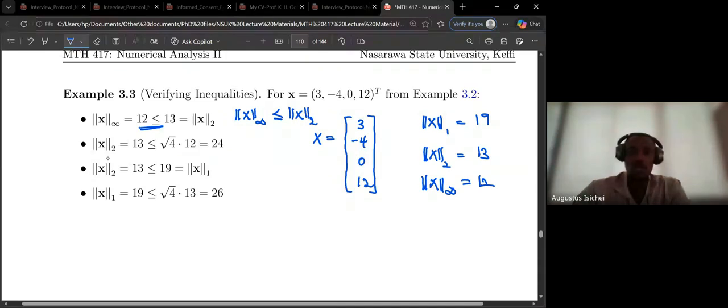The second one, starting with the Euclidean norm, which equals 13 by calculation. The Euclidean norm, 13, has to be less than or equal to the square root of the dimension 4, the square root of 4 times 12. The square root of 4 is 2, times 12 is 24. So you can see from this evaluation that the Euclidean norm is less than or equal to the square root of n times the infinity norm. The n here stands for the dimension of the vector space.